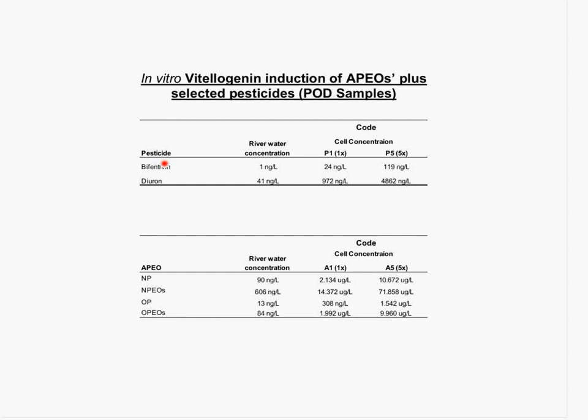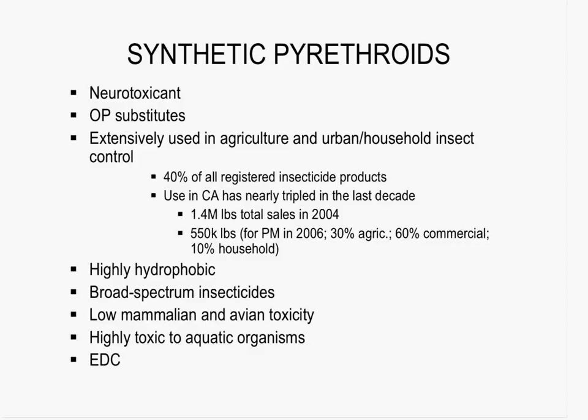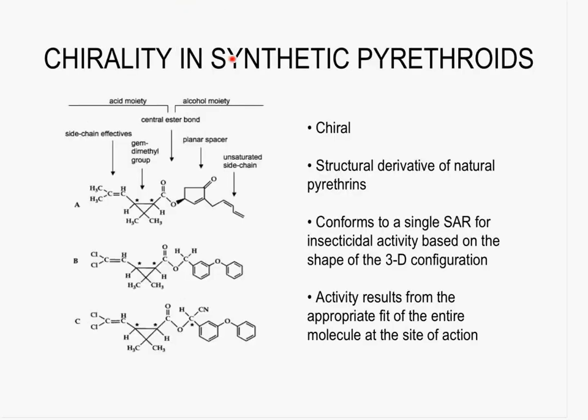We were interested in these because we found out that pyrethroids, in addition to being extensively used, their use has been widely growing since 2000, which goes back to the pod inflection point. The really unique feature about these things was that they were chiral, meaning they had multiple chiral carbons.